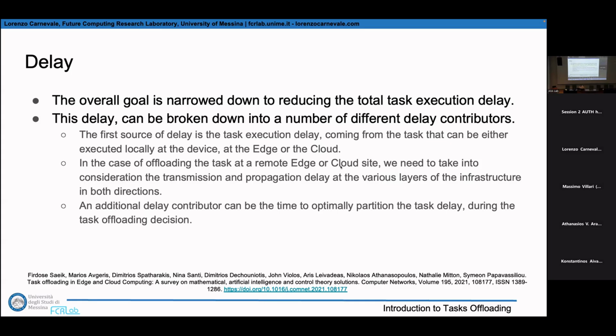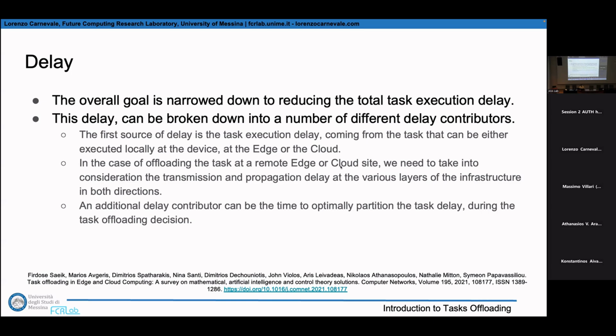In the case we offload the task to the edge or the cloud side, so to remote platforms, we need to take into consideration the transmission and propagation delay of moving all the packets, so the data, the configuration data, and the source code to one of the two infrastructures.